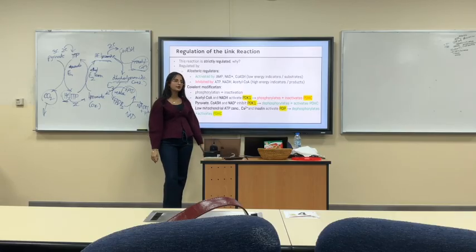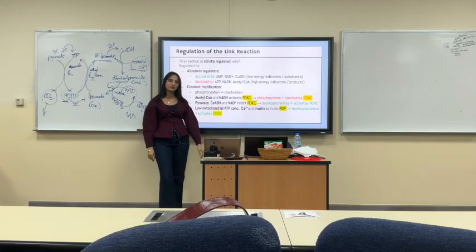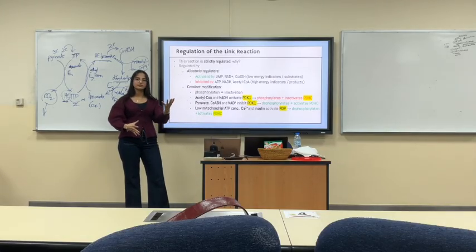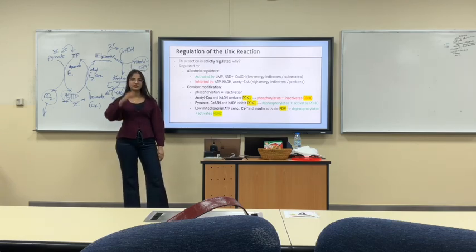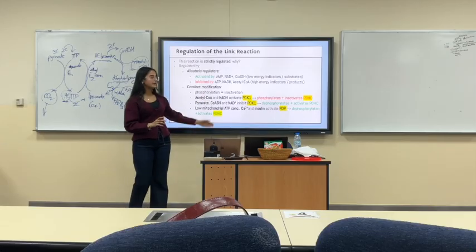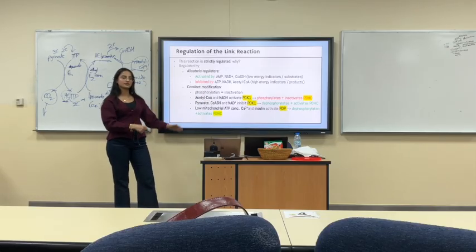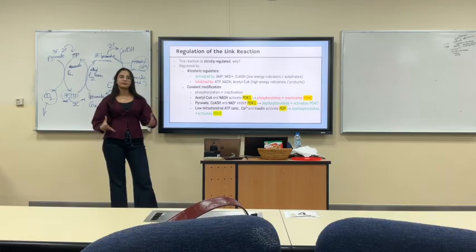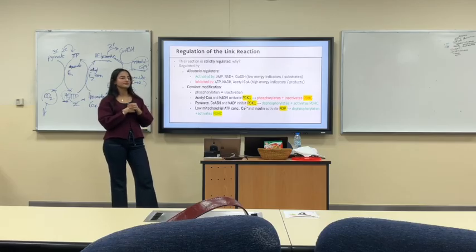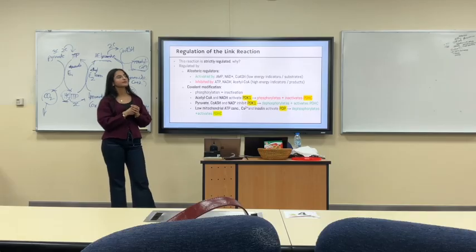Can anyone tell me why insulin will activate this pathway? Will it activate or deactivate? It will activate. Why would insulin activate this reaction? Yes, insulin promotes glycolysis. When you have glycolysis, you have pyruvate. When you have pyruvate, you do the electron transport chain, and you need this.